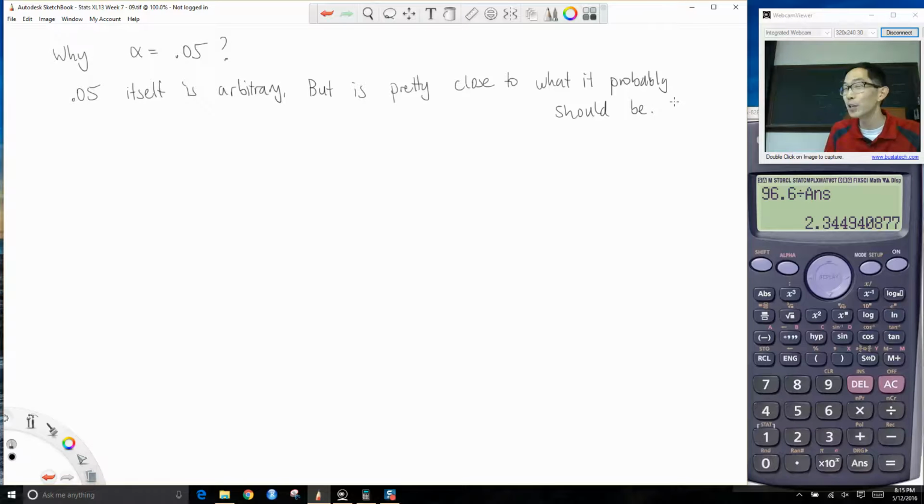So 5% is probably a good value, but exactly 5% is a little bit arbitrary. It's probably a little bit higher or a little bit lower, but something around there. And so when your p-values end up very close to 5%, you probably want to look at it a little bit more closely rather than just saying for sure it works or for sure it doesn't work.